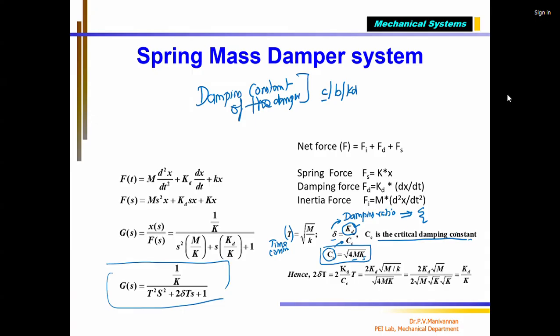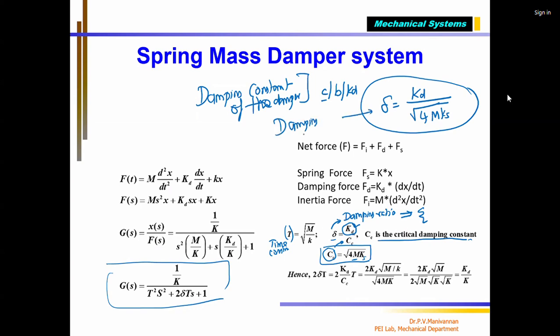The damping ratio consists of all three parameters, correct? Delta equals Kd divided by Cc, which is nothing but Kd divided by root of 4 m Ks. This is the damping ratio of the second order system.